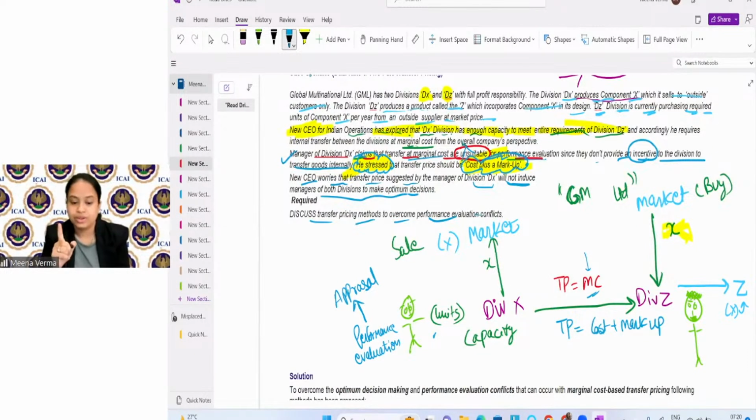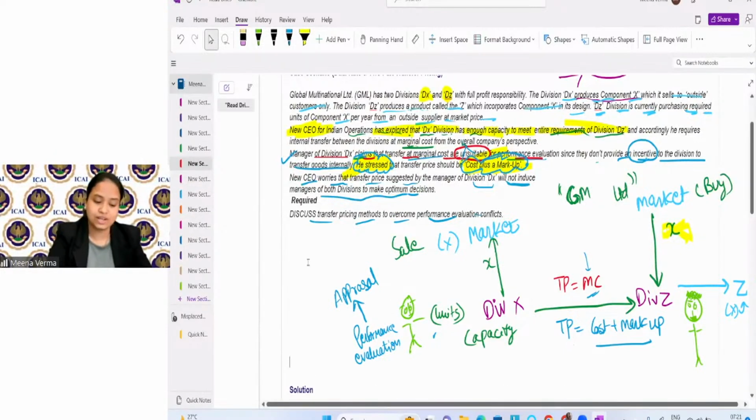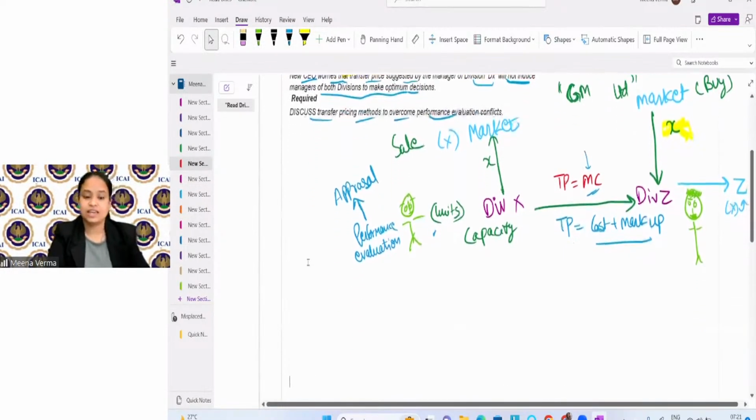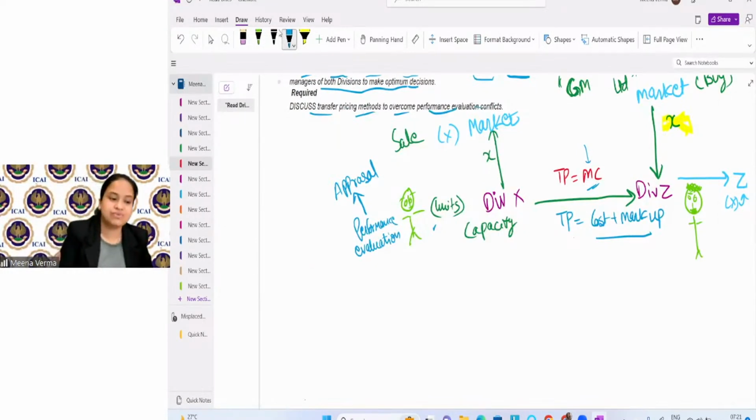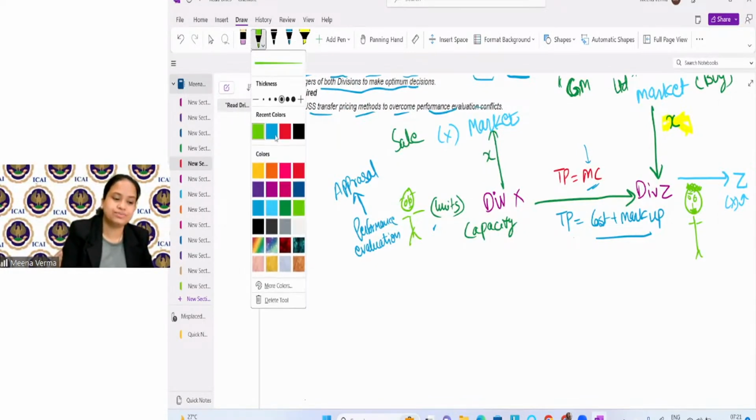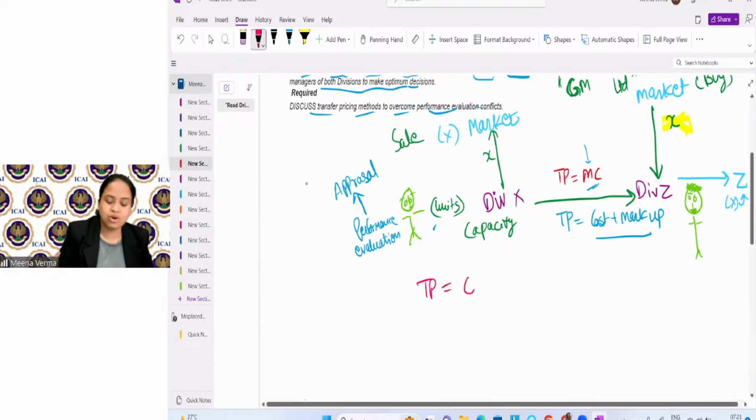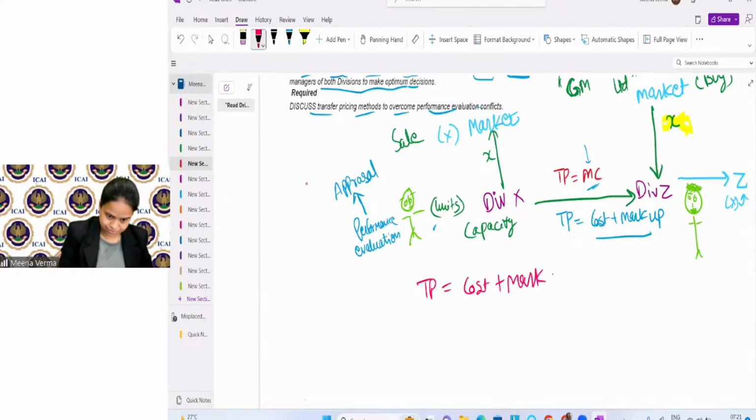Now look, the point is that I told you if you keep the transfer price at cost plus markup, the manager of DZ will raise objection. If the transfer price is cost plus markup, it will be revenue for this department.